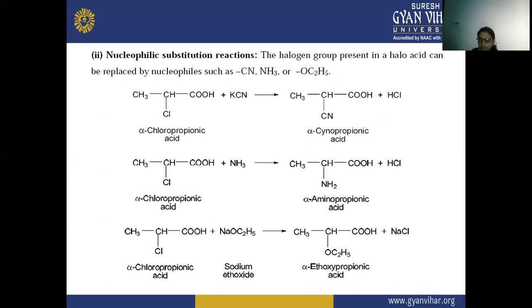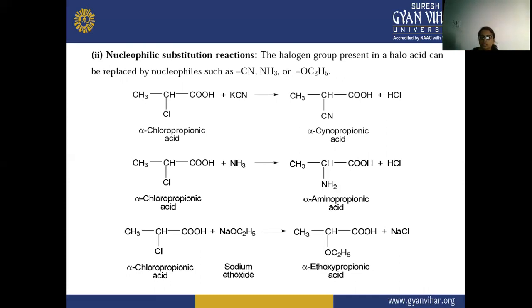So when this alpha chloropropanoic acid is treated with potassium cyanide, there is a formation of alpha cyanopropanoic acid, because on the alpha position the chloro is substituted by the cyano group. So its name is alpha cyanopropanoic acid.